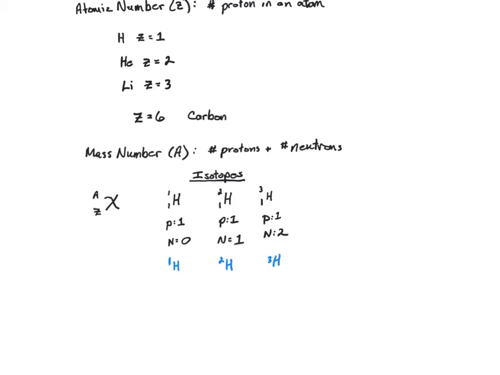Now, these different isotopes of hydrogen are abundant in nature at various levels. The first one here that has the mass number of 1 is what we call protium. It also has the name hydrogen-1.